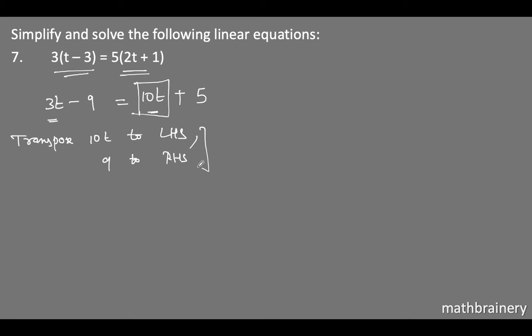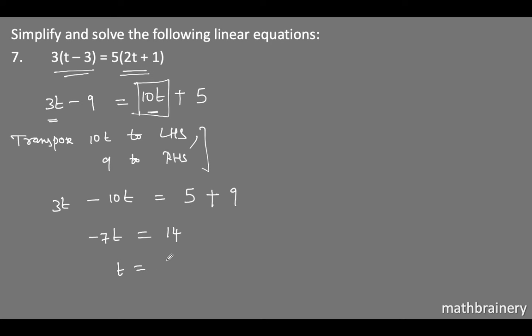Okay, when we perform these two steps, what do you get? 3t minus 10t. When I first transpose 10t here, it will become minus 10t, is equal to 5. Now minus 9 when it is transposed to the RHS, it will be plus 9, right? So 3t minus 10t is minus 7t, 5 plus 9 is 14.